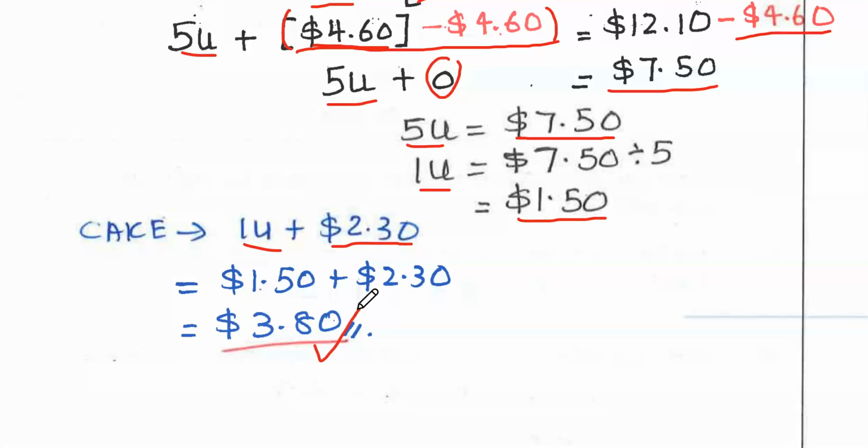Of course, the question may ask you to find 2 pieces of cake, or 1 piece of cake plus 2 buns, or 3 buns plus 4 cakes, and so on. So just an important thing, find 1u. You should be able to find everything up there.